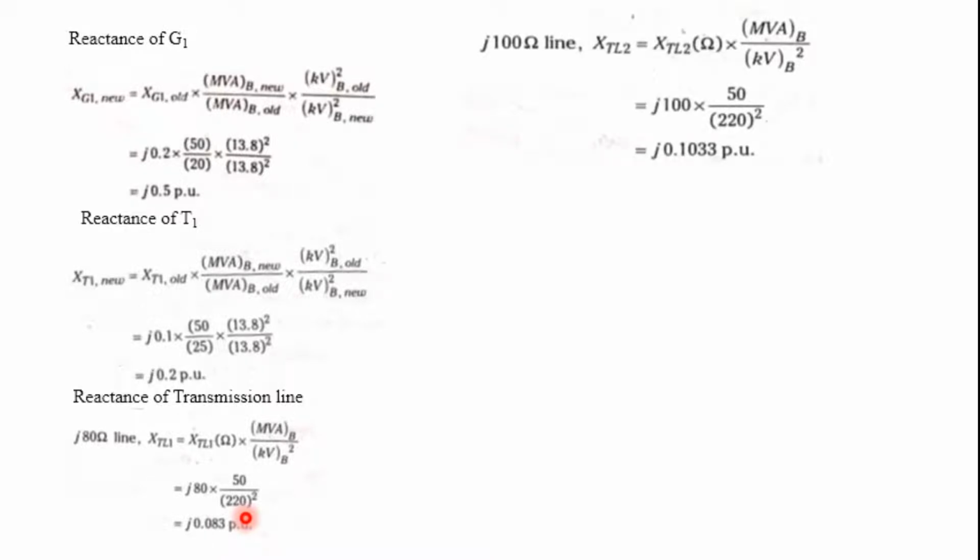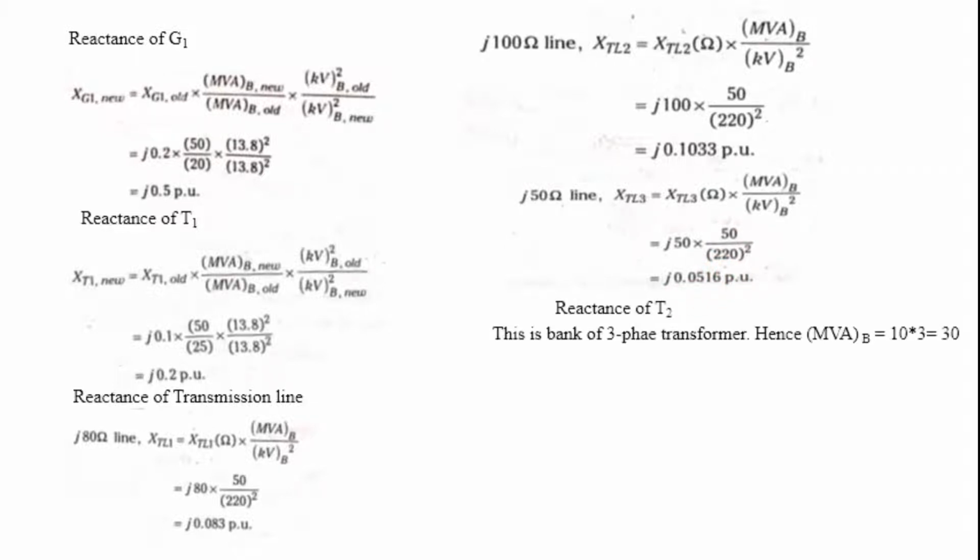Similarly for the 100 ohm transmission line, after substituting it is 50 into 100 by 220 squared, you will get 0.1033. Similarly for the 50 ohm transmission line, 50 into 50 by 220 squared, of this value we will get 0.0516.